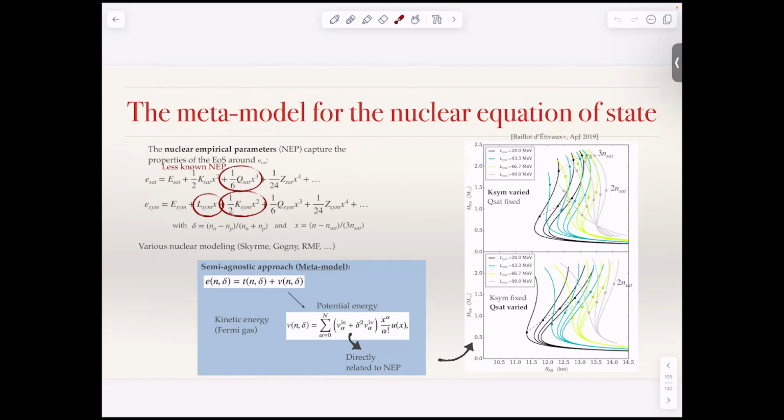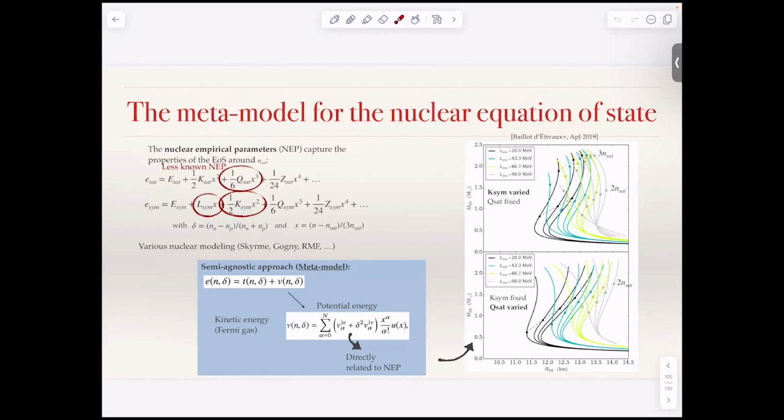This is what I observe from my experience on working on computing these empirical parameters from existing equations of state. And therefore, I think that this is more the density dependence.